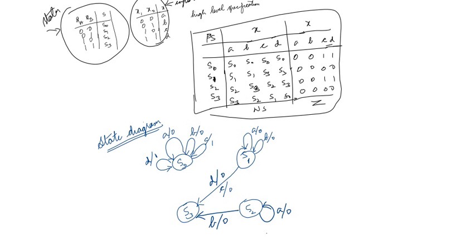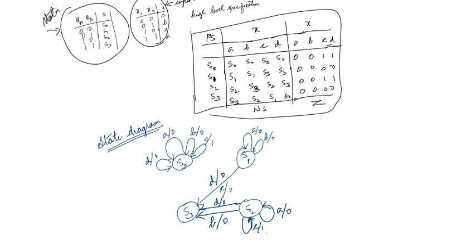When the input is C, present state is S2, we go to the same state S2 with the output 1. Similarly, when the input is D, present state is S2, we go to the state S3 with the output 1.